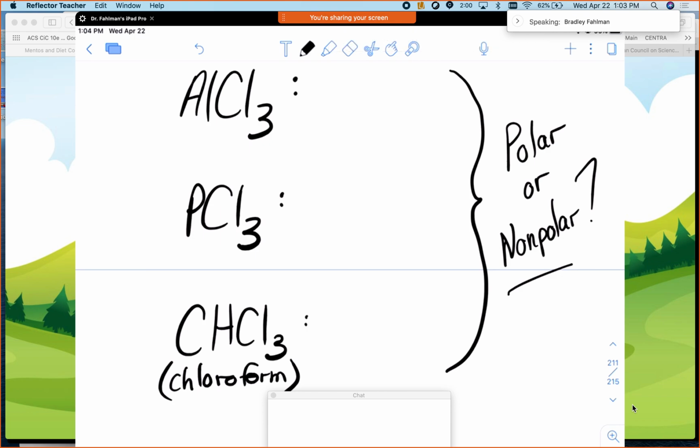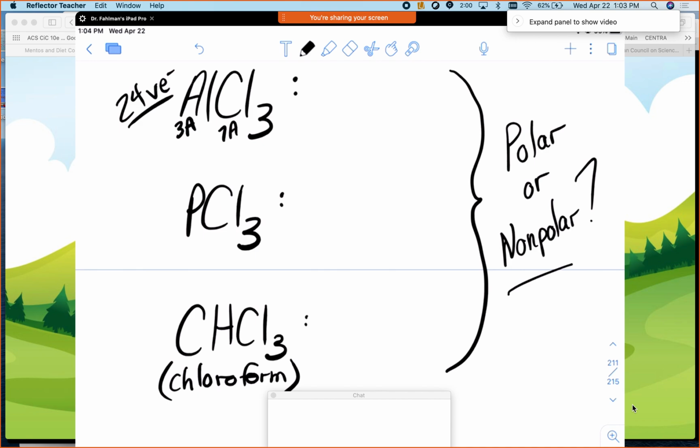Okay? And so aluminum trichloride has how many valence electrons? Aluminum is in group 13, or group 3A, I guess we can say. And then chlorine is group 7A. So that's 21, 22, 23, so 24 valence electrons.